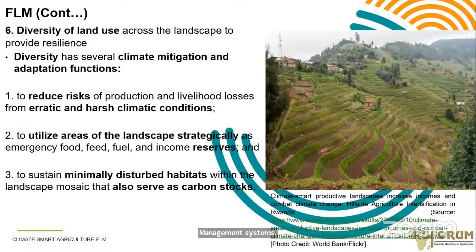The other important approach is the diversity of land use across landscapes, because different parts of the landscape have different potential depending on the type of the soil, depending on the slope, depending on climate, and so on and so forth.